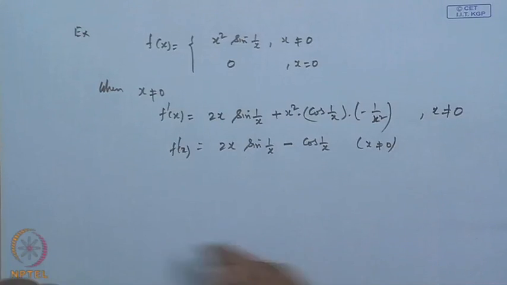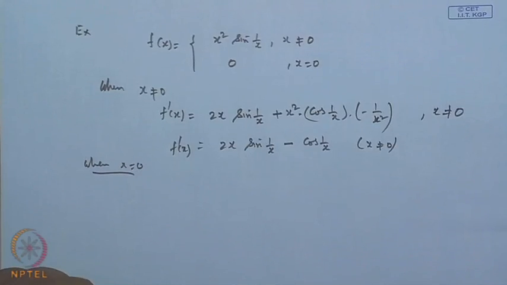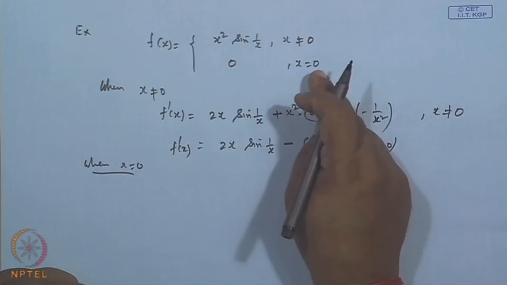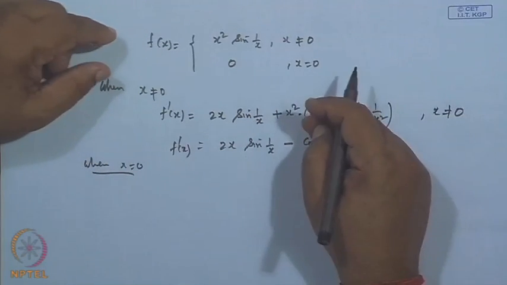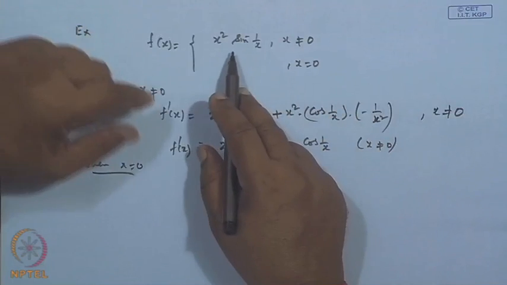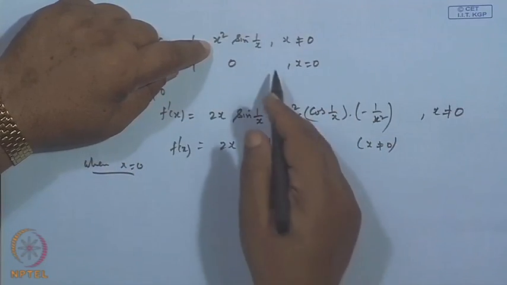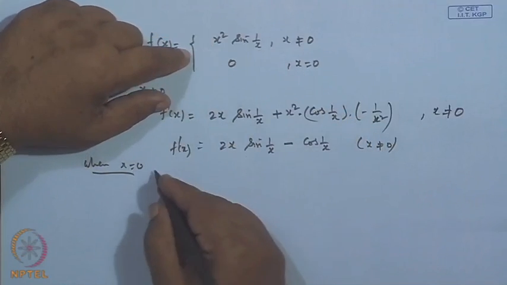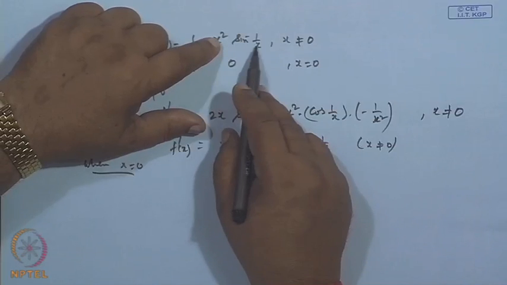Okay. But when x is 0, what happens? We have to compute the derivative of the function there. Why? Because at the point x is 0, the values different from x equal to 0 are given by this form.